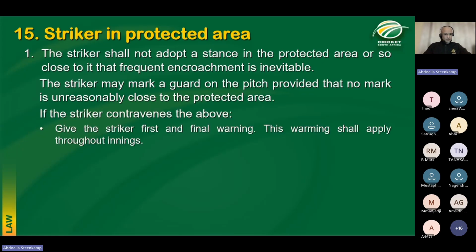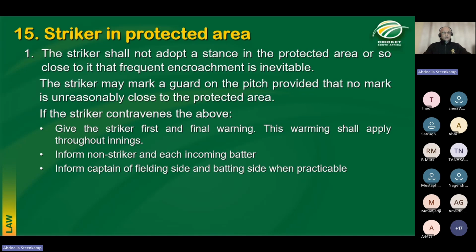So now the law tells us if a striker contravenes any of those 2 points above, first time it happens, you go first and final warning. Second time, then you inform the non-striker, and it's a team warning, so each incoming batter to be informed as well, and inform both captains when possible.